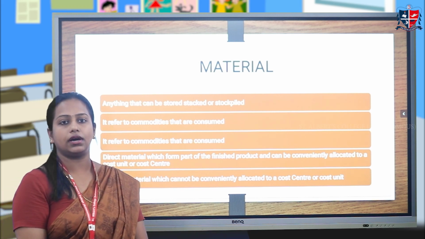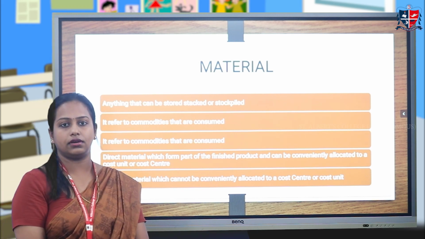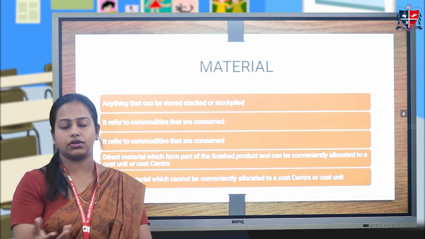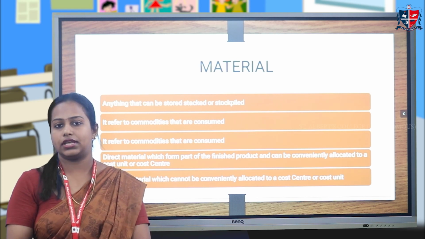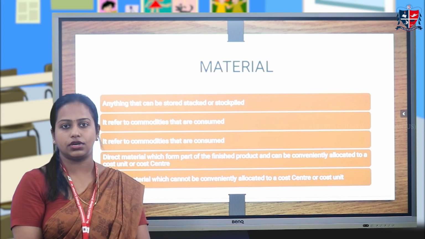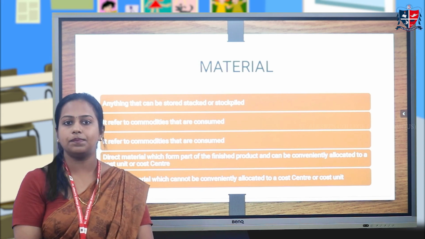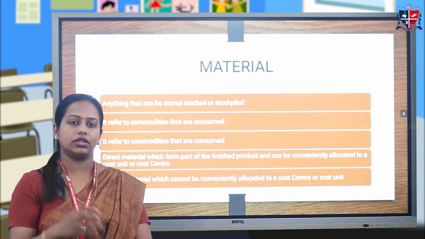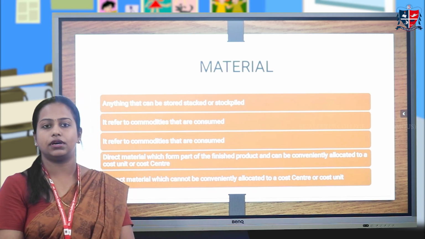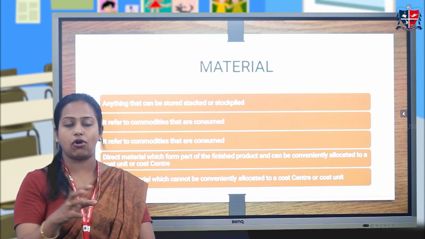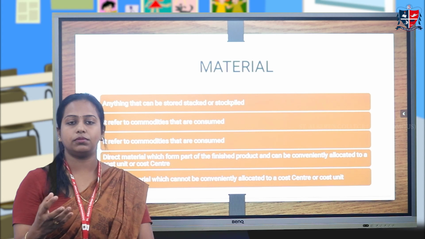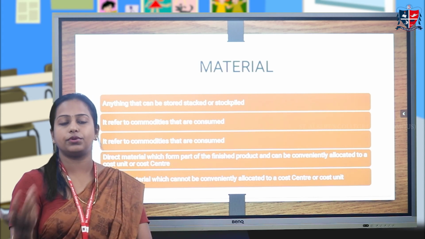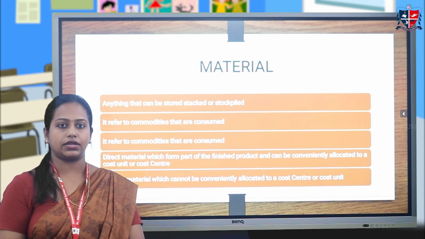For example, the cotton in cotton products, the timber in furniture, or the clay in bricks. So the clay, the cotton or the timber are direct materials, which form the main part of the finished product.